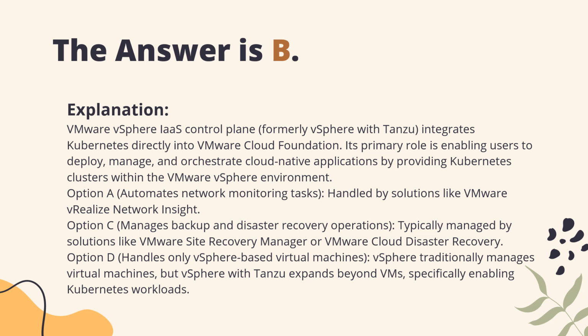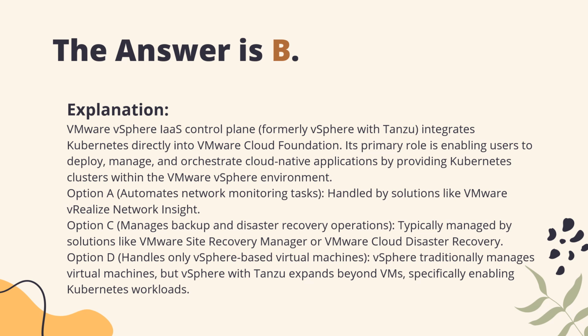VMware vSphere IaaS control plane, formerly vSphere with Tanzu, integrates Kubernetes directly into VMware Cloud Foundation. Its primary role is enabling users to deploy, manage, and orchestrate cloud-native applications by providing Kubernetes clusters within the VMware vSphere environment. Option A, automating network monitoring tasks, is handled by solutions like VMware vRealize Network Insight.